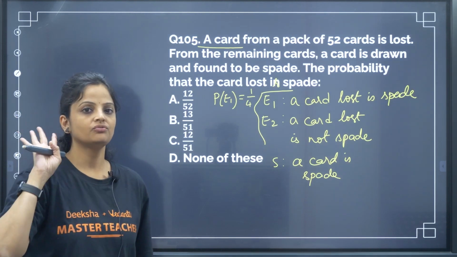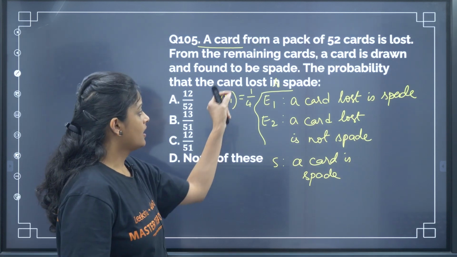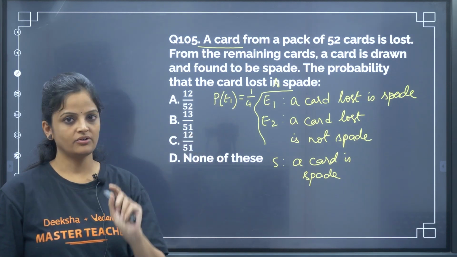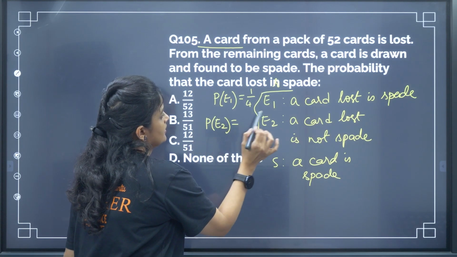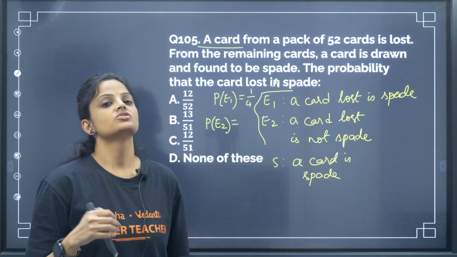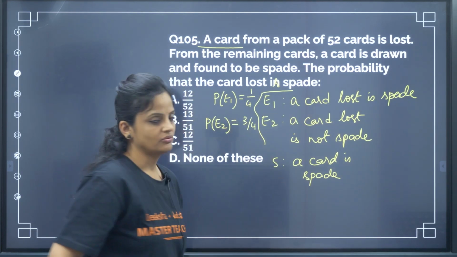Correct? 4 kings, 4 queens, 4 jacks. So 1 card is missing out of 4, so 1 by 4 it is. So the probability of the card lost is not a spade, that means 1 minus 1 by 4, 3 by 4.